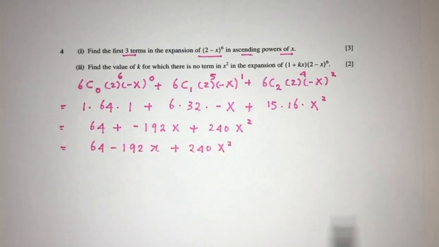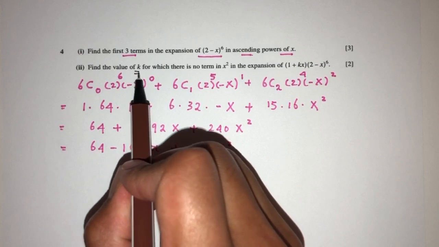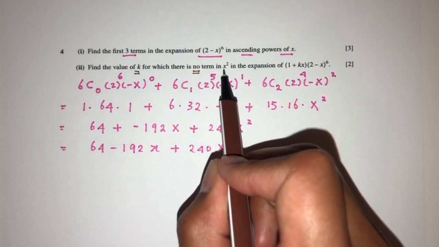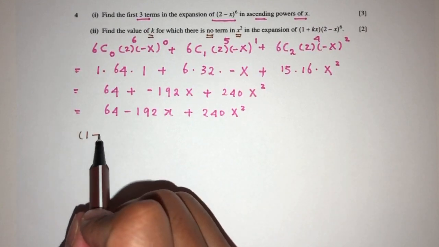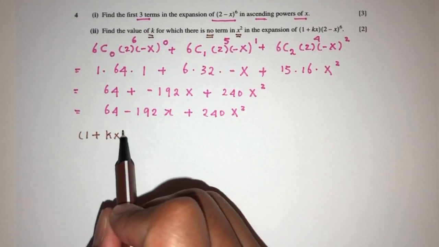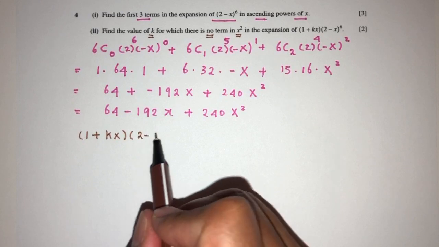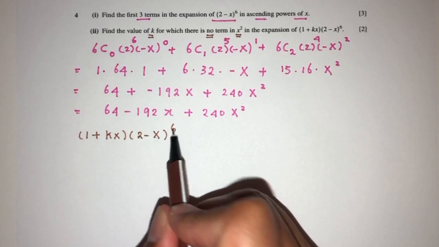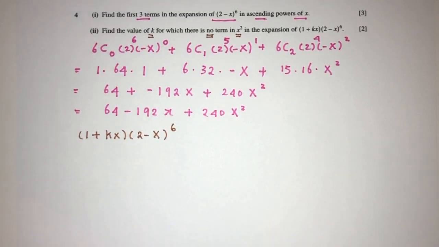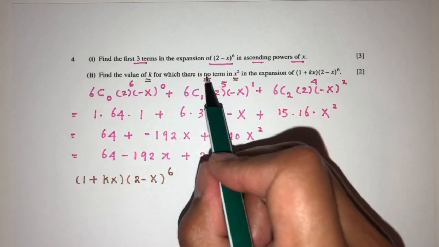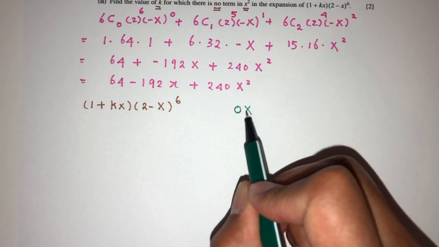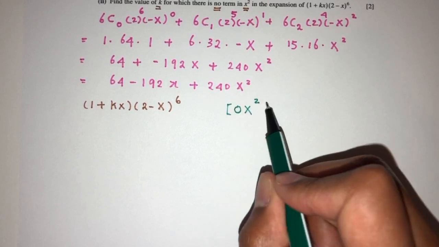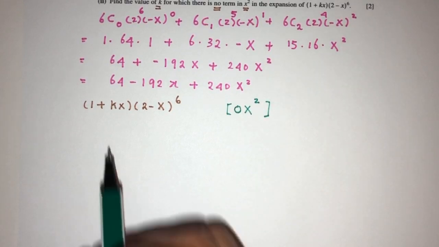Now for part 2, we have to find the value of k, for which there's no term in x squared for this expansion. So now we have to expand 1 plus kx multiplied by 2 minus x power 6. Now we have something here. It tells you that we have no term in x squared, which means the term in x squared is 0x squared. Using this, we have to find the value of k. Now how would you expand this?